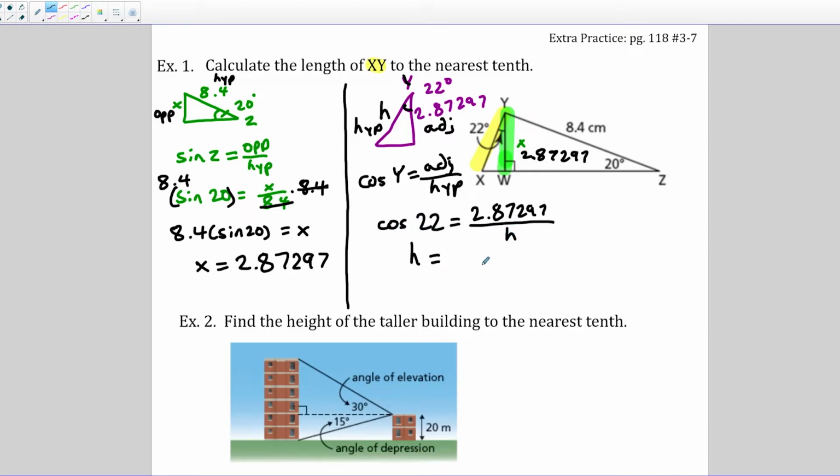So I've got H is equal to 2.87297 over cos of 22. So I end up getting, if I round to the nearest tenth, 3.1 centimeters.